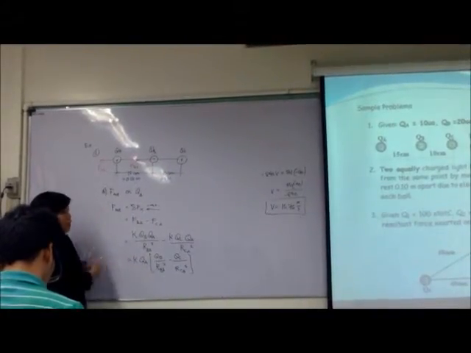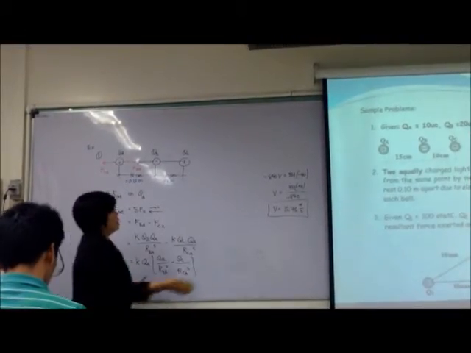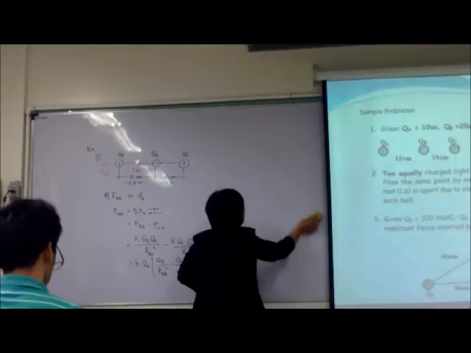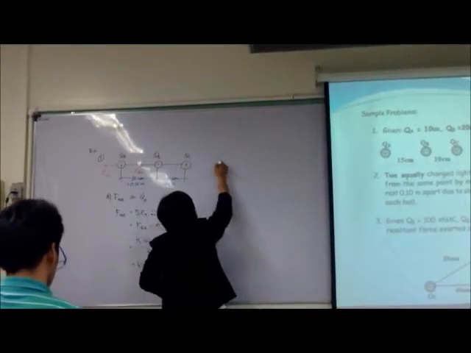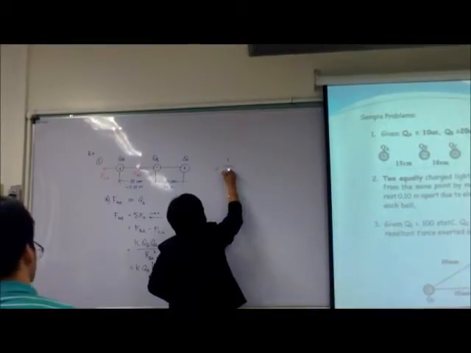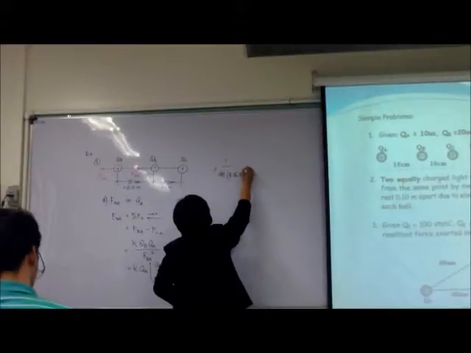And what is the value of K? You have to use 1 over 4 pi E to be exact. So it is 1 over 4 pi 8.85 times 10 raised to negative 12.